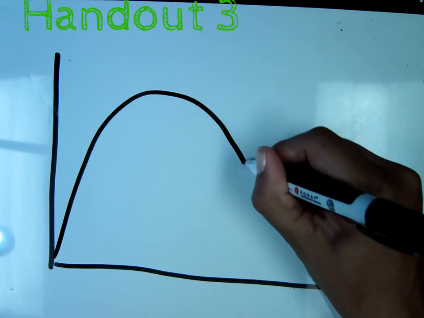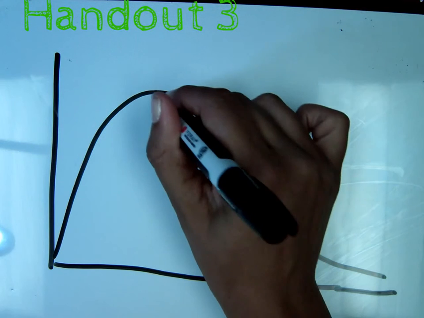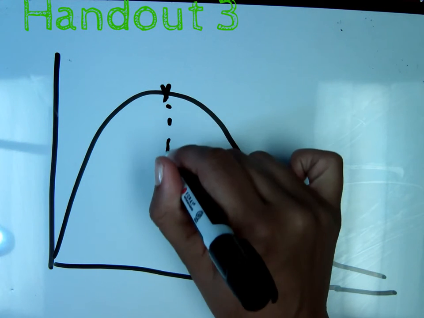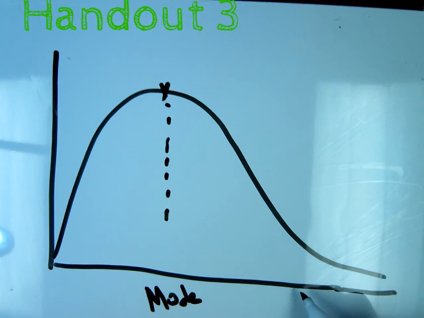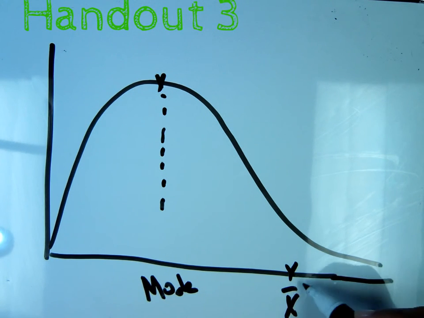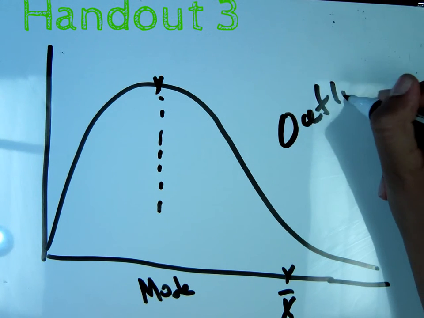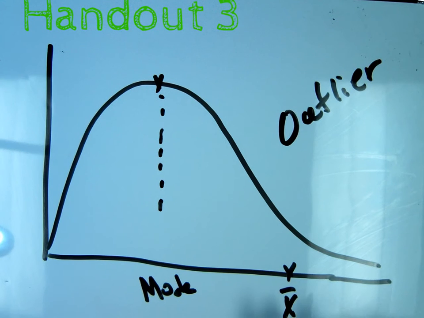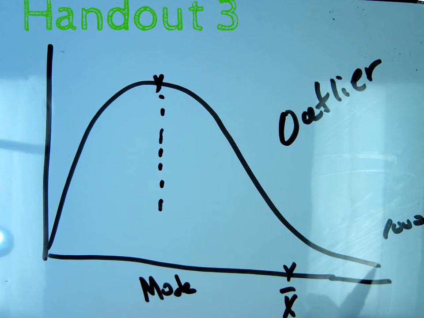If you think about it like this, and we've sort of already talked about this before, if this is your mode, right, you'll find your x bar down here. And the reason being is simply because there's something we would call an outlier. And the outlier just simply means that there's some number way out here, 1,000, that's dragging the mean up.